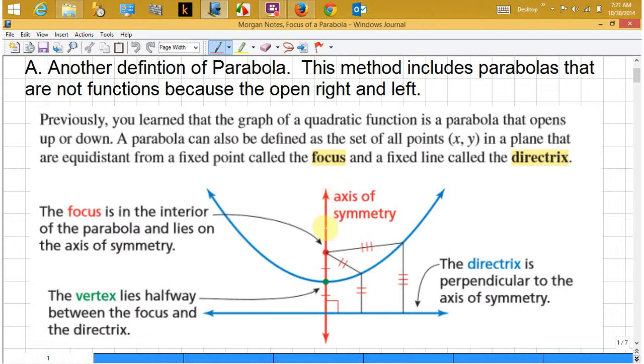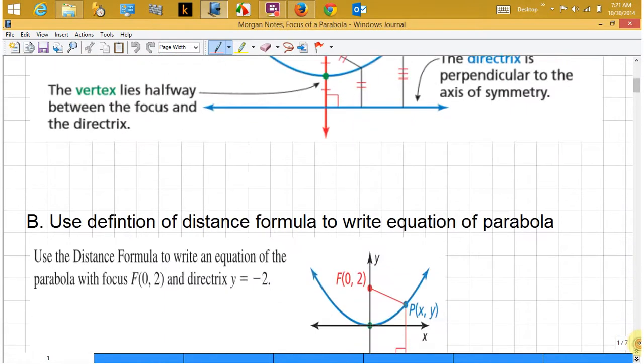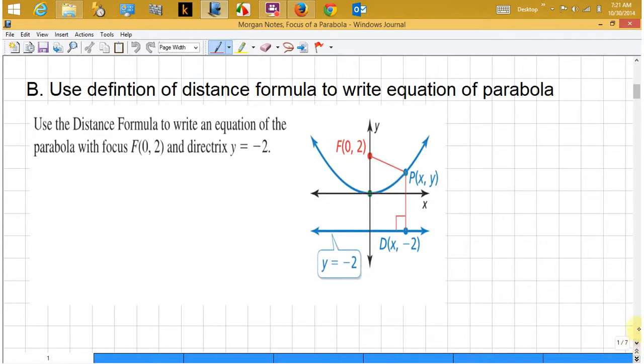Here's the axis of symmetry. It comes down and cuts the parabola in half, and the directrix is a line perpendicular to that. And then we can use this definition to write an equation of a parabola.